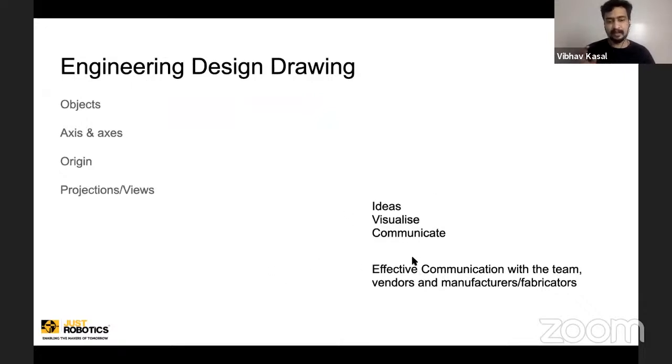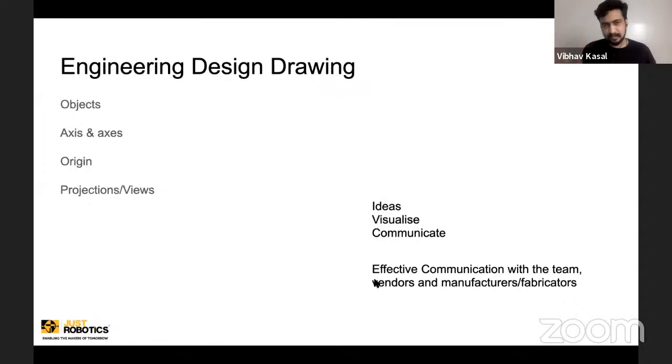So you have an idea, say I want a water bottle that can hold 1 liter of water, and it has to have a certain shape. And the shape you are not able to define. You are not getting the right terminologies to tell. If you had one photo or a reference or a sample piece, you are able to communicate within the team, vendors, manufacturers and fabricators much better.